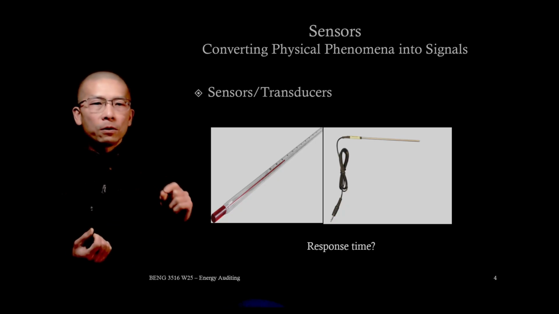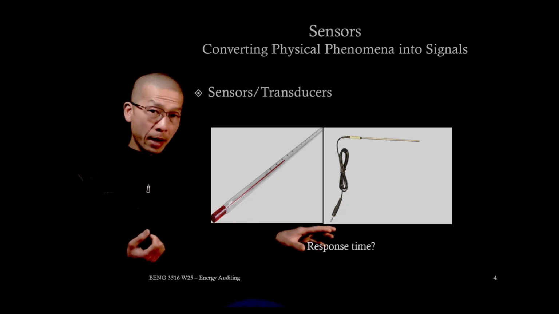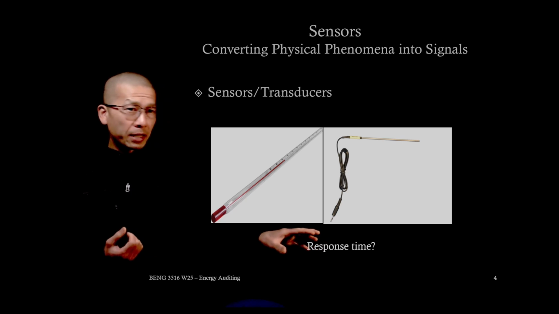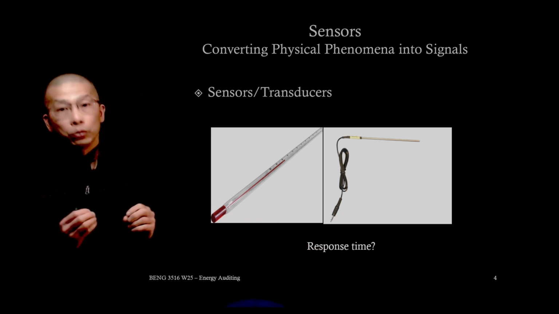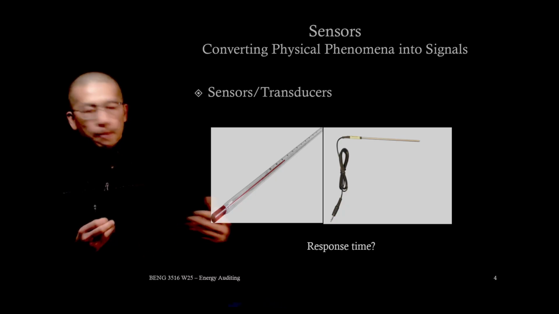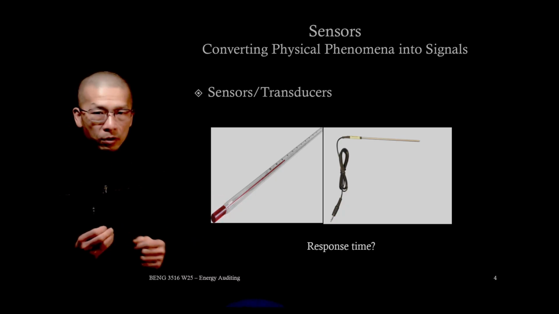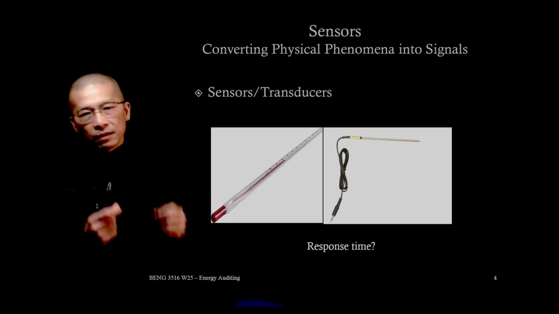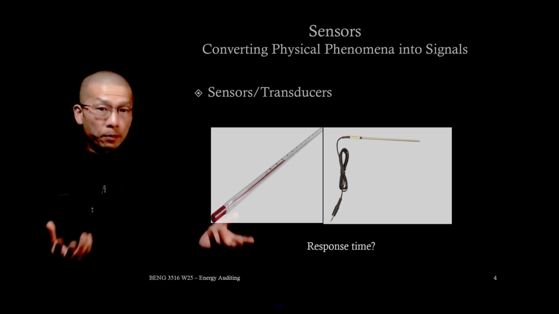One thing about thermal mass or response time: for example, a heavy probe takes longer to respond than a thin wire thermocouple because of thermal mass.